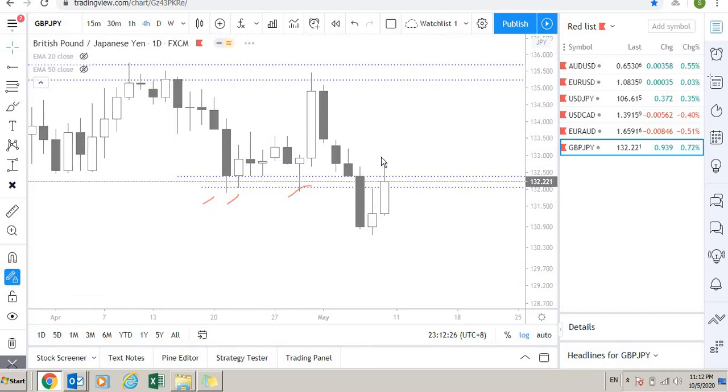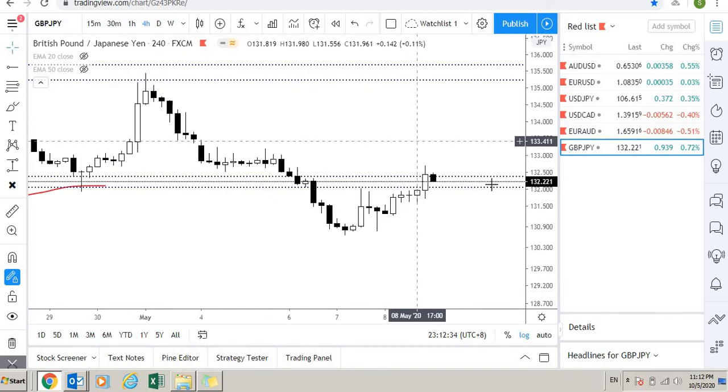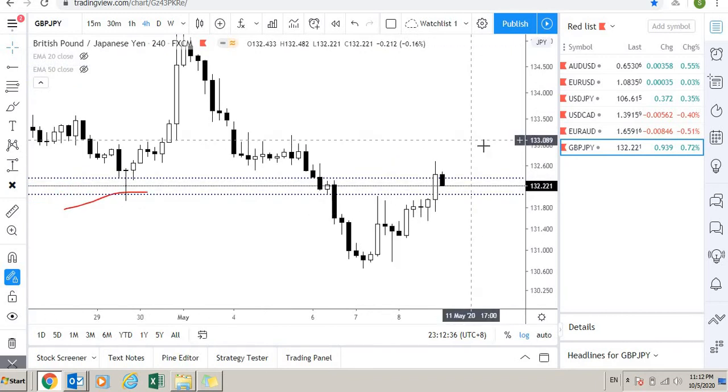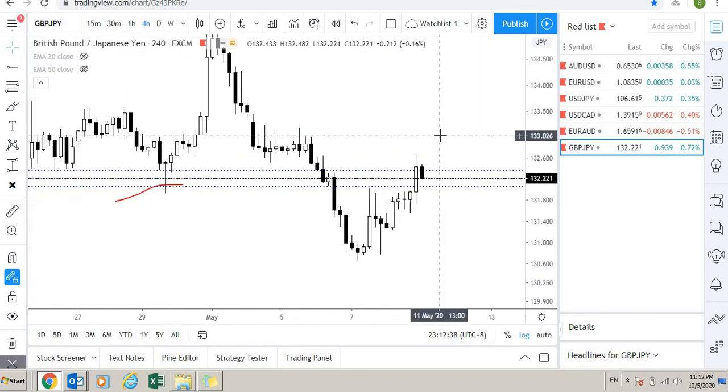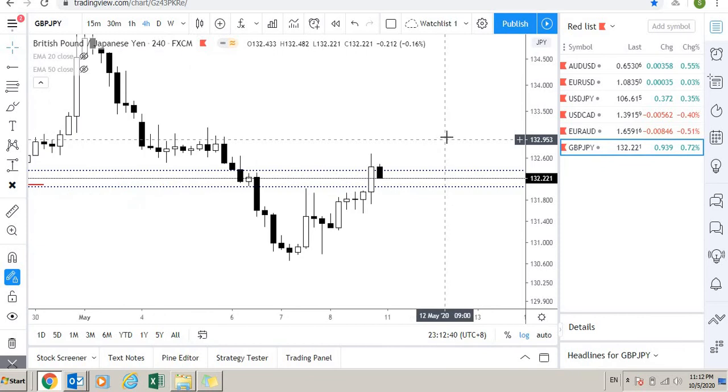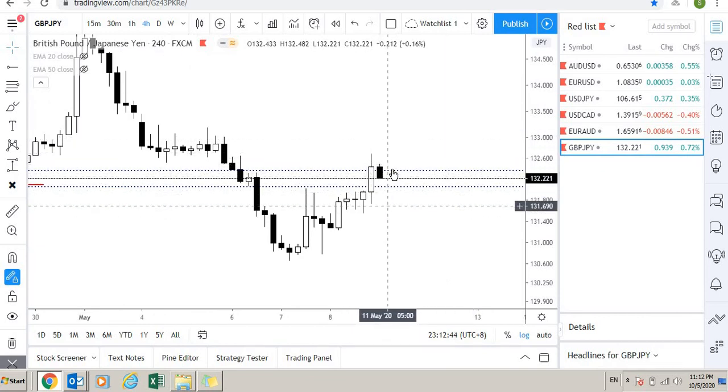The second option is to go to the lower time frame, the 4-hour time frame, to look for sell signals. Basically in the 4-hour time frame it's almost the same. We can see an inside bar form. This inside bar is quite tricky.